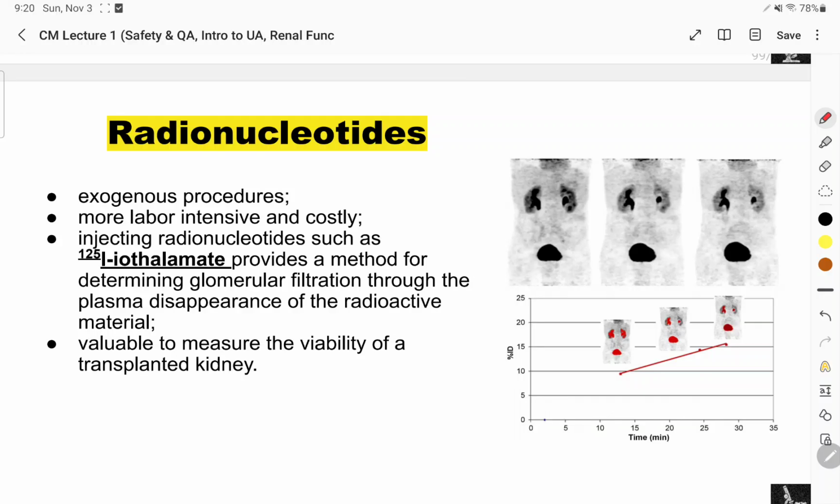Is it filtered by the kidney, especially if the kidney is transplanted, did the transplanted kidney perform its function, did it clear the radioactive material? Okay? So you can see here that as time goes by, it disappears. And the color intensifies in your bladder, meaning the radioactive material accumulates there. Okay?